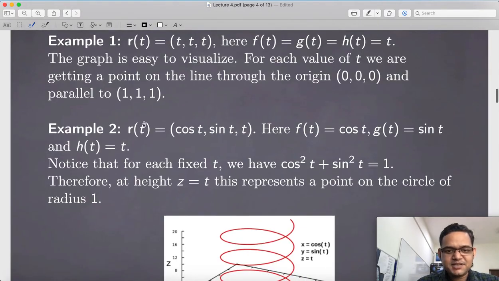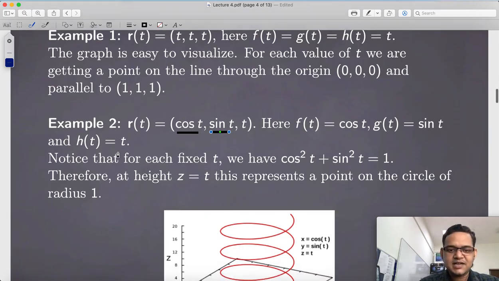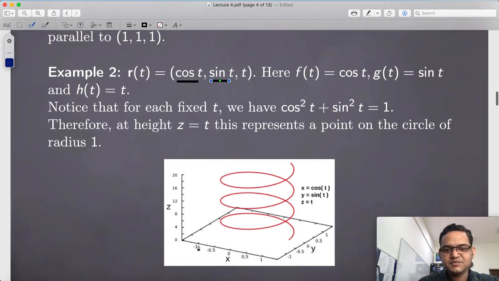The second example is slightly different. The first coordinate varies according to cosine of t, the second component is sine of t, and the third one is t. So here f is cosine, g is sine, and h is just t. If you try to visualize this, what is it going to be? I have put the picture over here, but let us see why it is so.